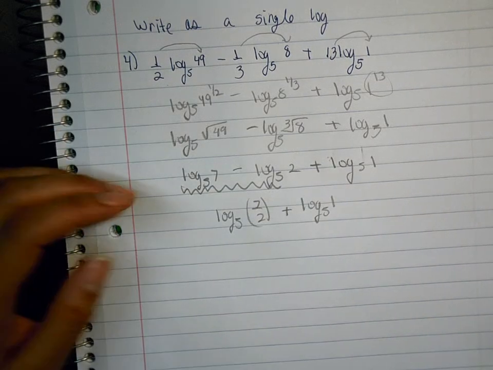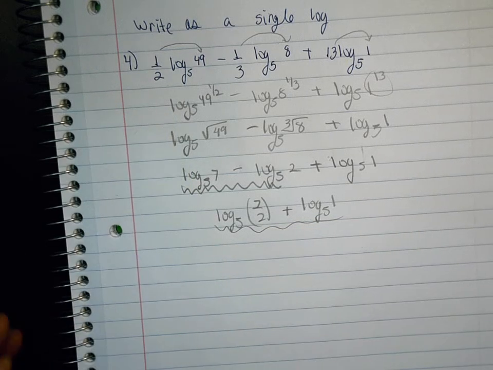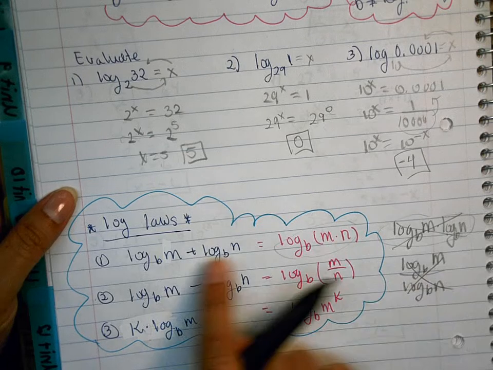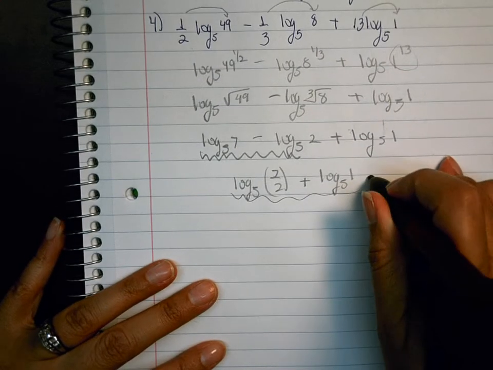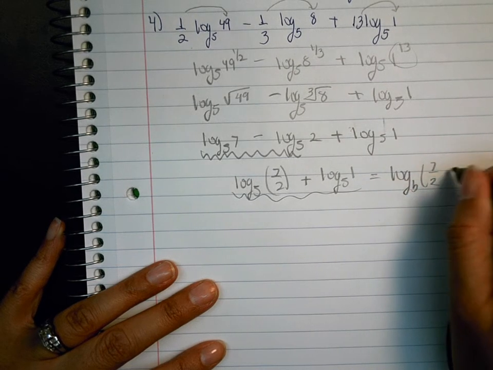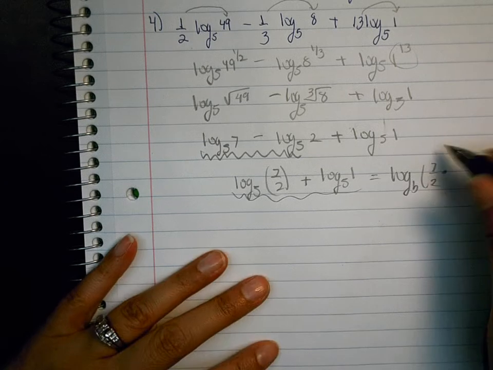I'm going to condense its addition. So what do I condense it to? Multiplication or fraction? Multiplication. So log base b of my fraction, 7/2, times what? I didn't change it to 0. I left it in log form. What do I get? Times 1.